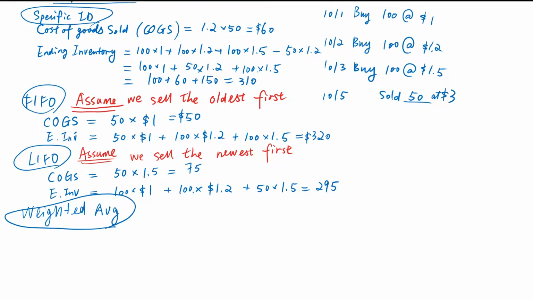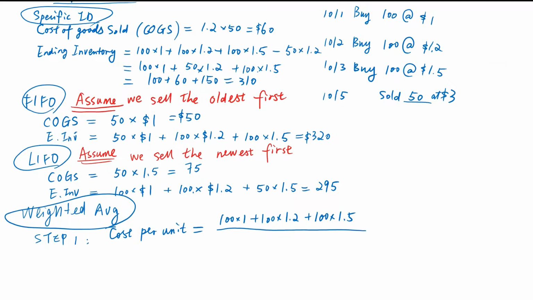So step 1 for this method is calculating an average price, the cost per unit. It will be the total dollar amount of all your apples divided by the total quantity.